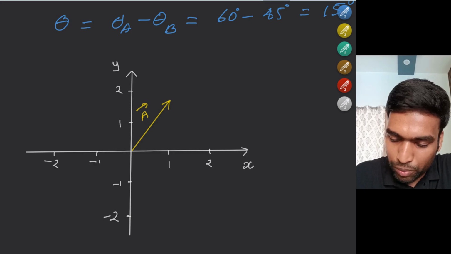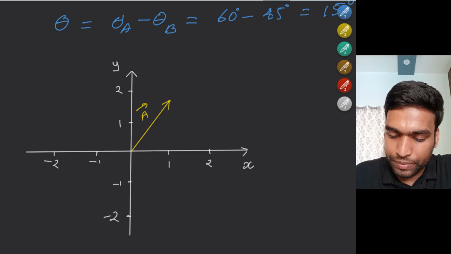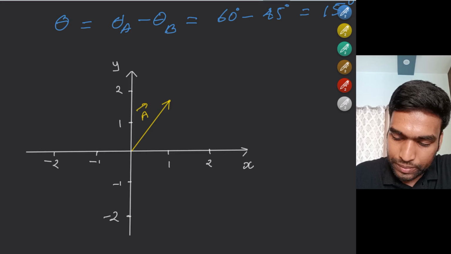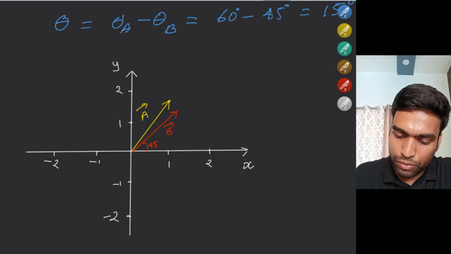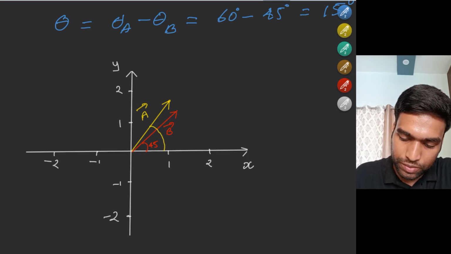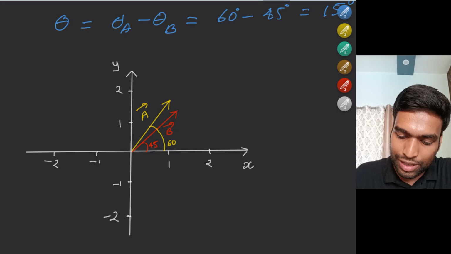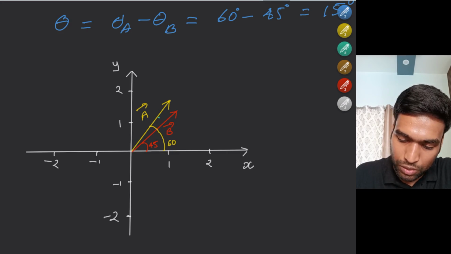So root 2 is 1.414. So it may look like this. The angle for B is 45 and the angle for A is 60. So clearly the difference between them is 15 degree, correct?